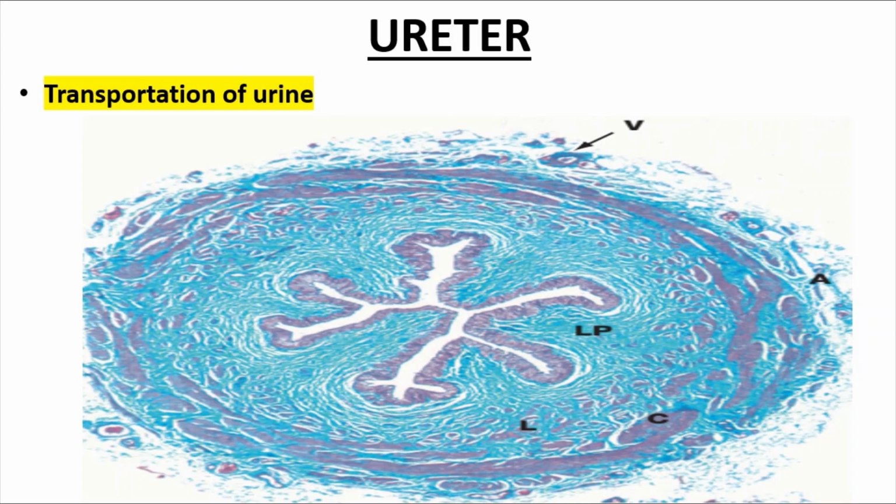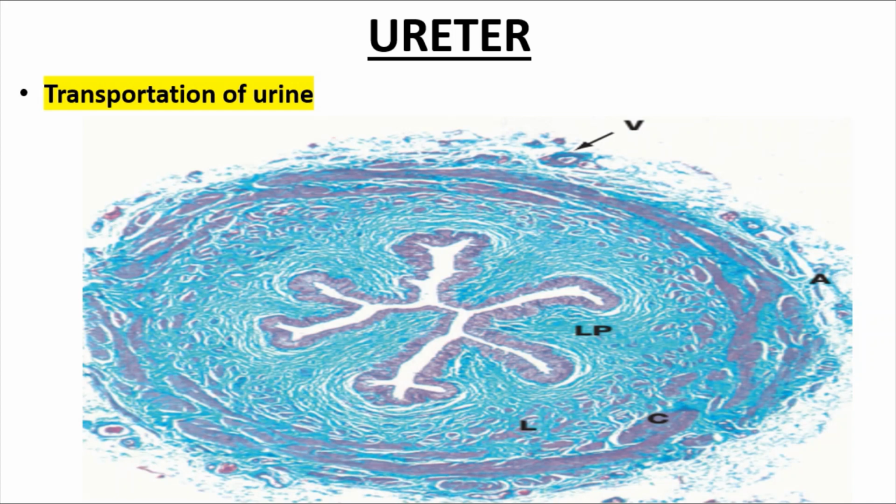Okay, so this is the ureter using another stain. What we were using in the previous slide is hematoxylin and eosin. That's why it appeared like this. Here we are using Azan blue, so it appears blue. The function is transportation of urine. So this is the irregularly shaped lumen. And then under the lumen and under the urothelium, you've got the lamina propria.